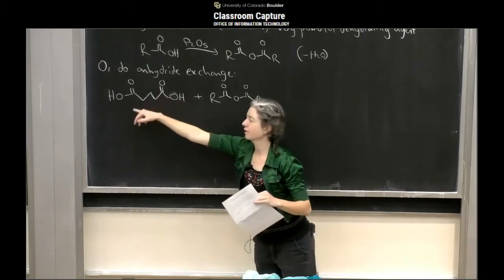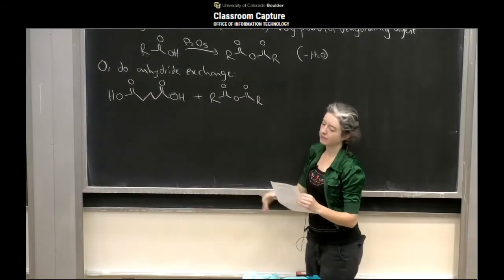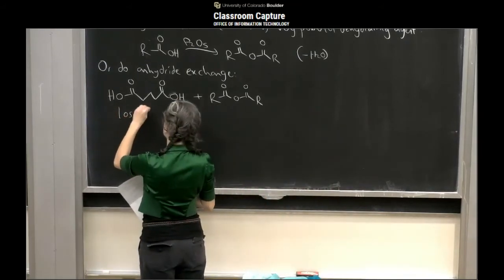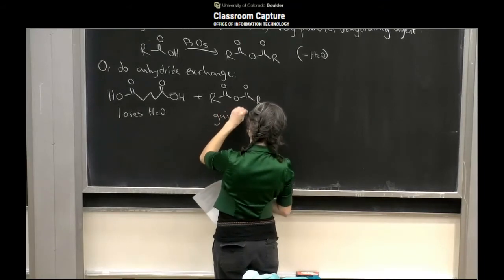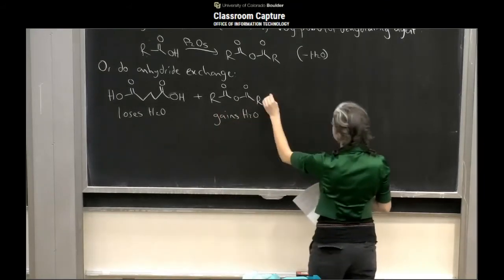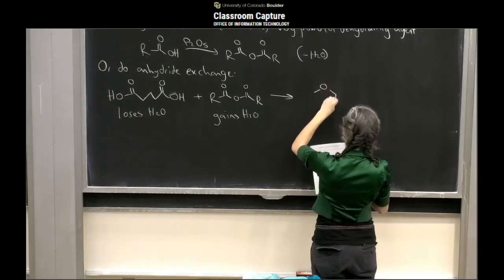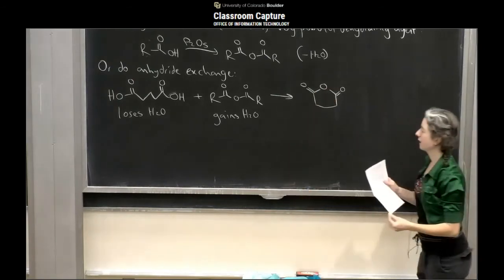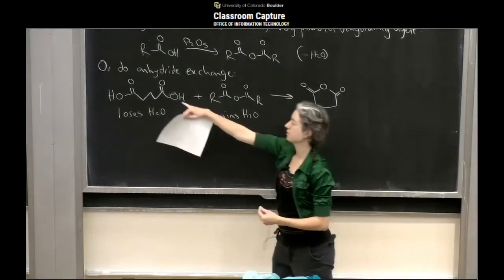So this whole thing is going to lose a water molecule as it cyclizes down, and this whole thing is going to gain a water molecule. And you're going to get this thing forming an anhydride onto itself as both the acids sort of wrap around and join together.